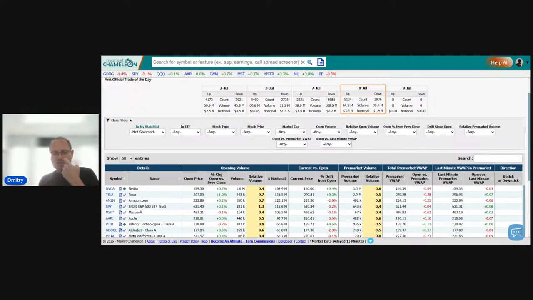By doing that, we can start to see that maybe something's going on, something happened in the morning, what it may have been, and how the price moves afterwards. Here we'll go through from left to right to see what these data elements mean, and then we'll do a quick screen.